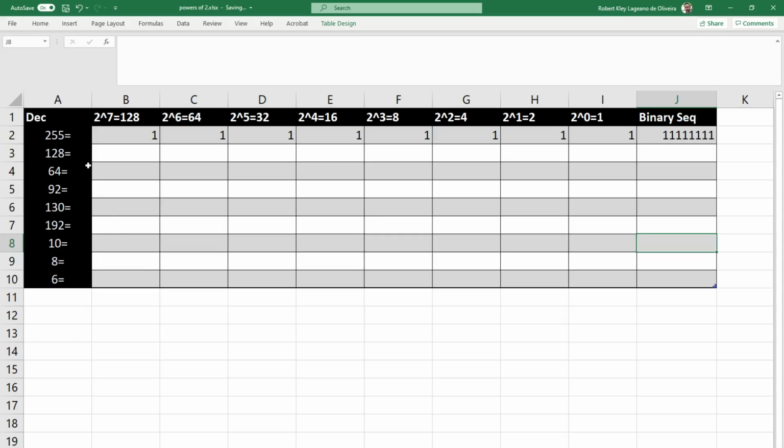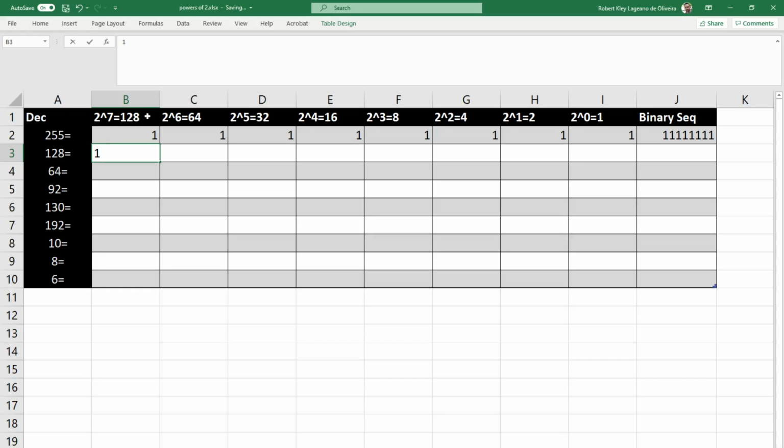Now let's move forward and calculate the next one. What's the binary version of 128 decimal? So 128, I start with the number and divide by the highest power of 2. If I divide 128 by the highest power of 2, in this case 2 to the 7, that is going to be 1. Now, 128 divided by 128 equals 1 with no remainder.